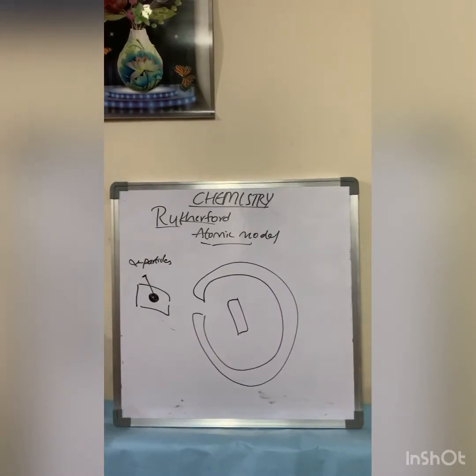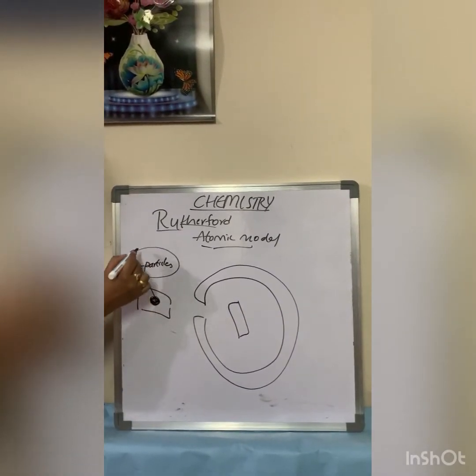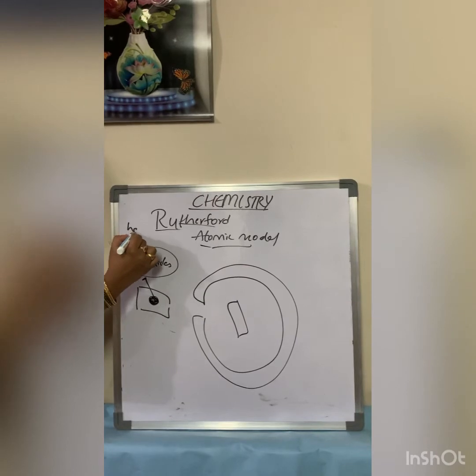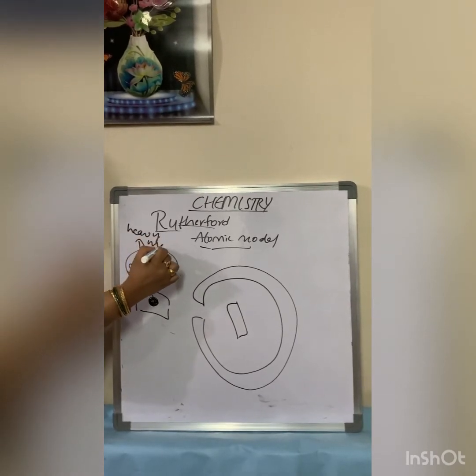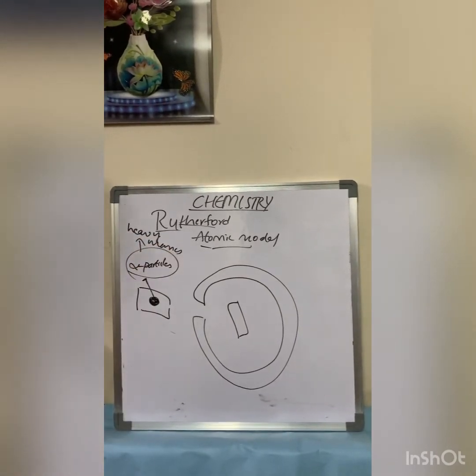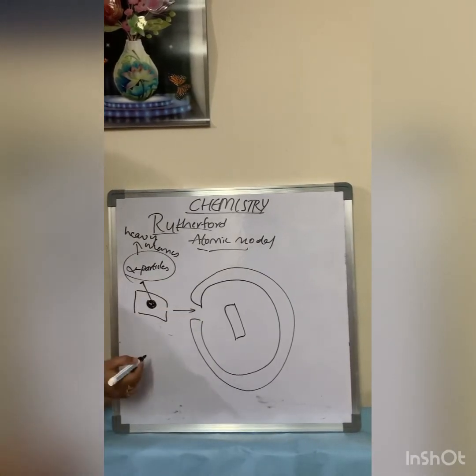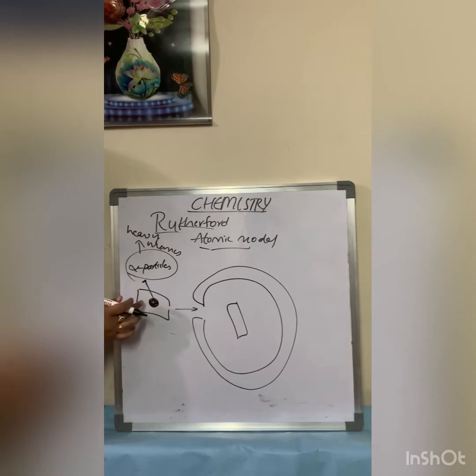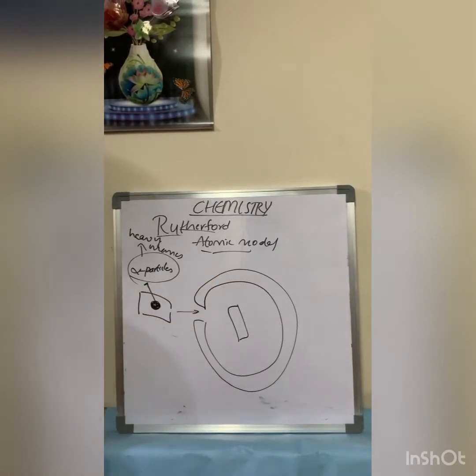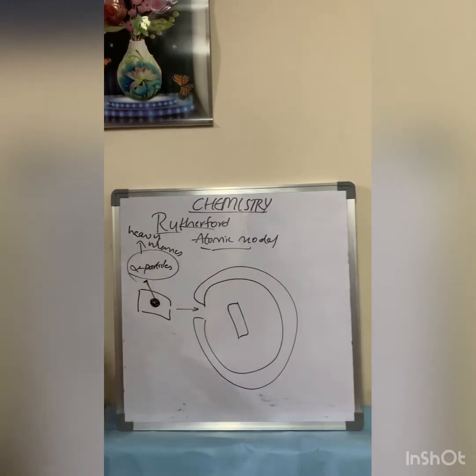Why he had taken alpha particles is that these have heavy masses compared to the protons. This gap is given so that the particles may pass directly through it.